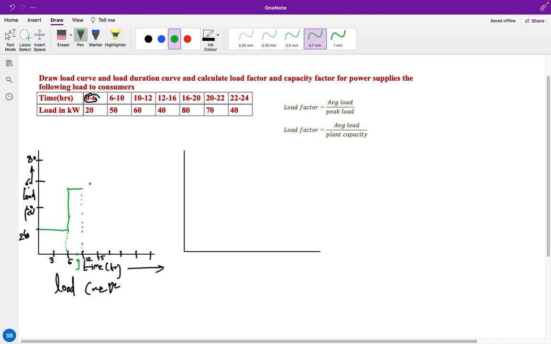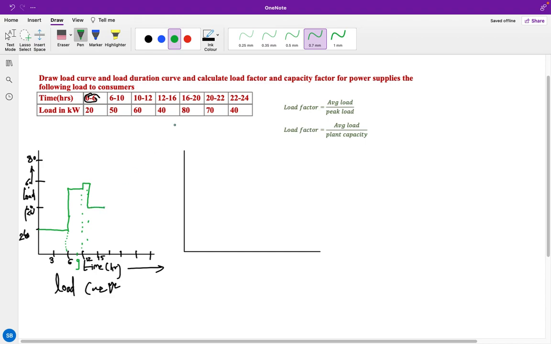Likewise you can draw the curve. You already know how to draw it. From 10 to 12 it will be 60, so again increase, for 2 hours. Then 12 to 16 it is again 40, so it reduces to 40 for 4 hours.